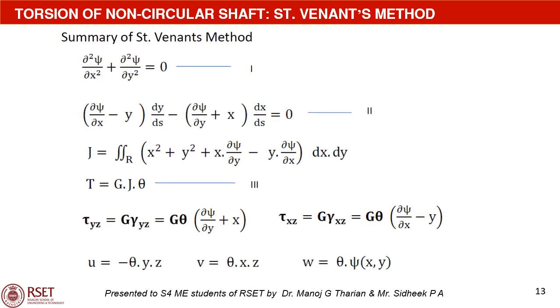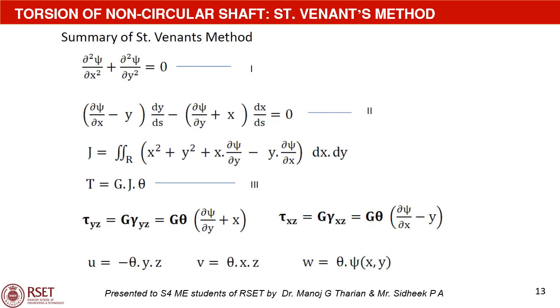The warping function psi selected should be such that it should satisfy the equation dou square psi by dou x square plus dou square psi by dou y square is equal to 0. That is the Laplace equation in the region R, that is the cross-sectional region.